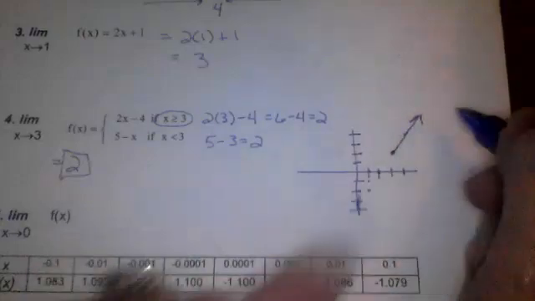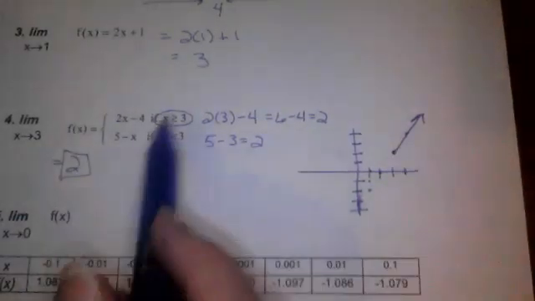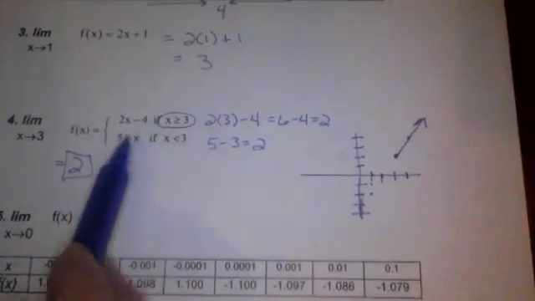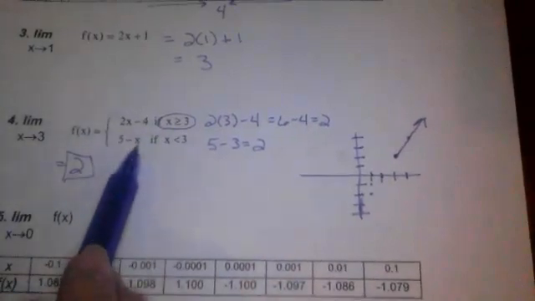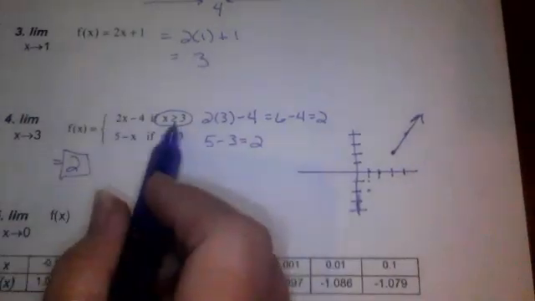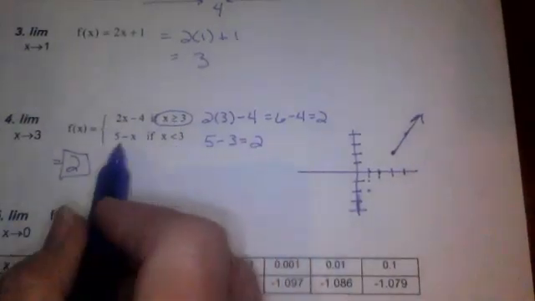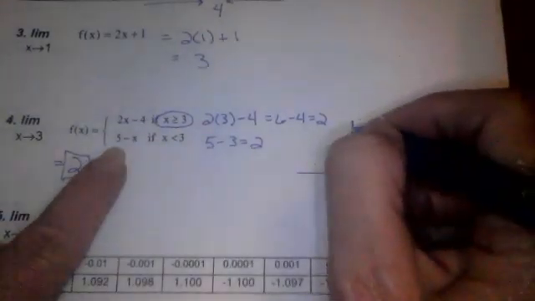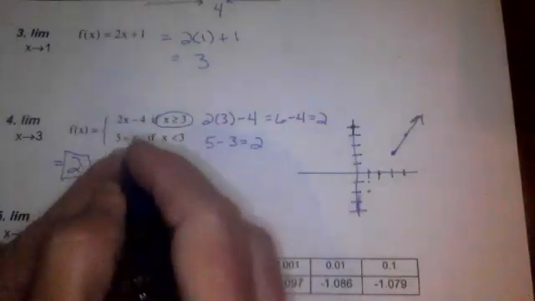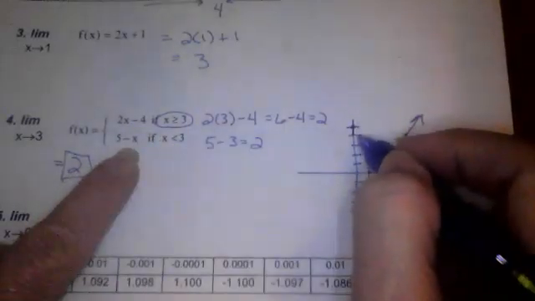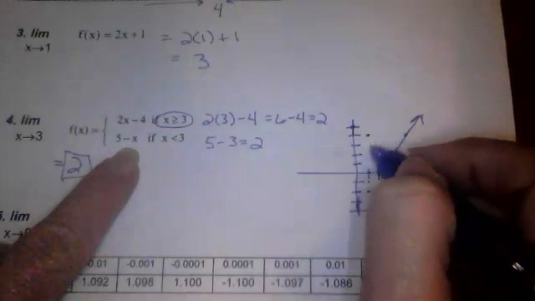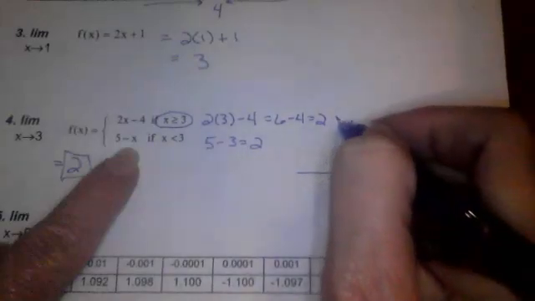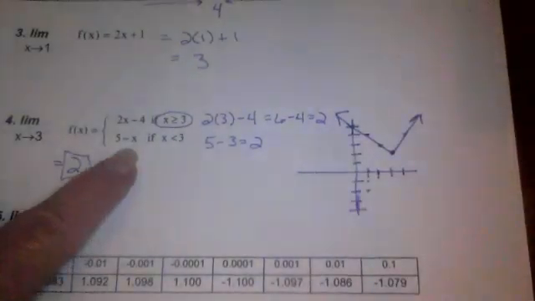And that's where I need to start drawing that line, because everything to the left of this is defined by this equation. This is called a piecewise function. So a piece of the function looks like this line, and the other piece looks like this line. So this line starts at 5 and has a slope of -1. So down 1, right 1, down 1, right 1, down 1, right 1. So that's what the graph would look like.